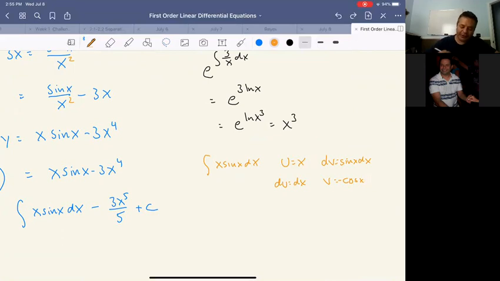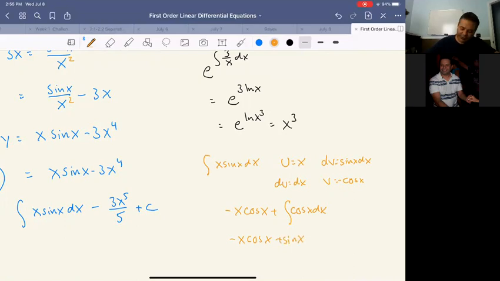So the integral here is going to be negative x cosine x minus the integral of v du, so plus cosine x dx. So you're going to get negative x cosine x plus sine x, since the integral of cosine is sine.